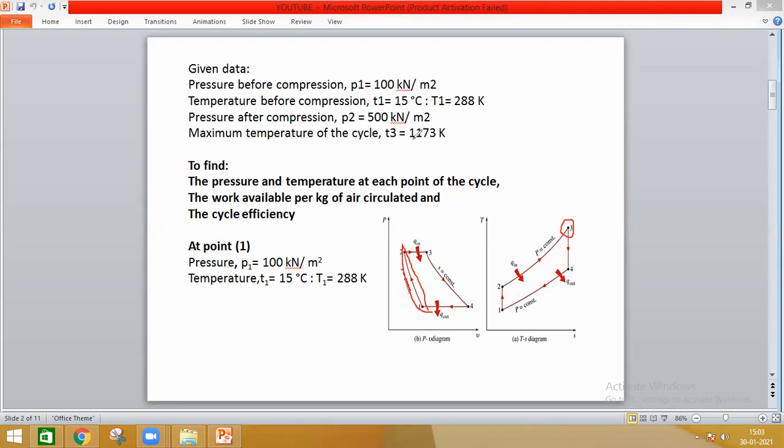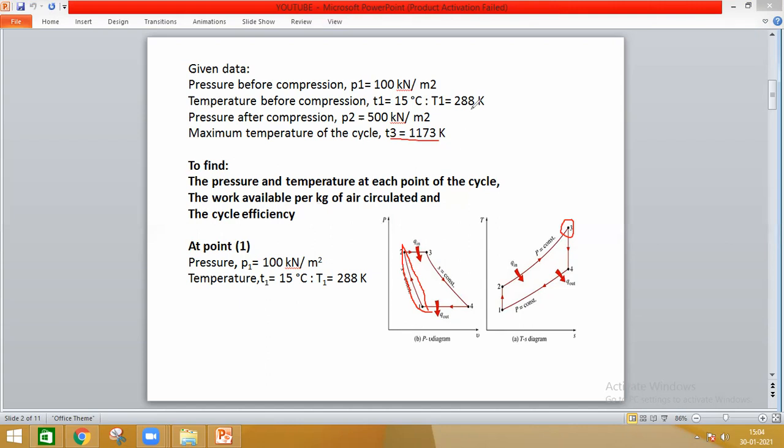The maximum temperature T3 is 1173 Kelvin, but it is given in the problem as 900 degrees Celsius. When we convert 900 degrees Celsius into Kelvin, that is 900 plus 273, it gives 1173 Kelvin. Clear?